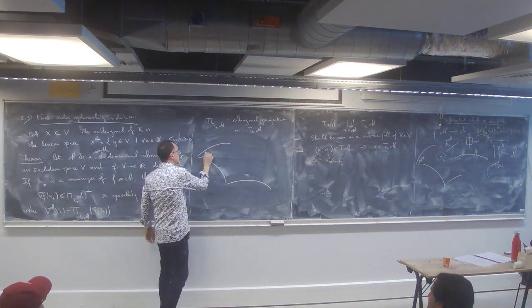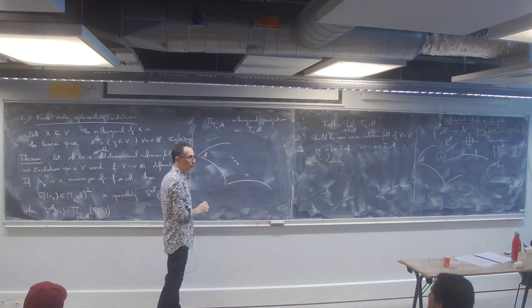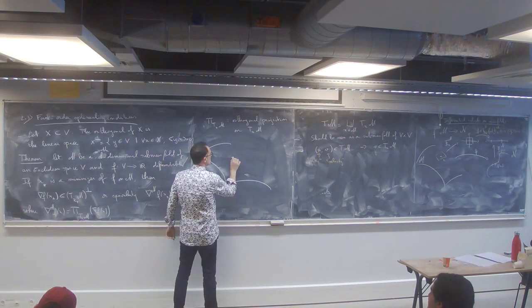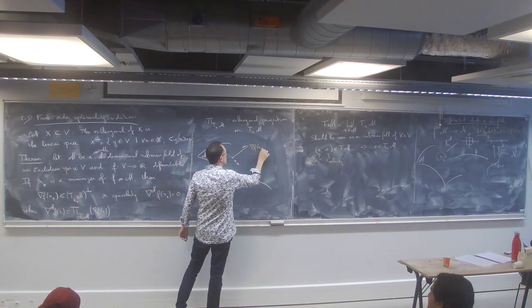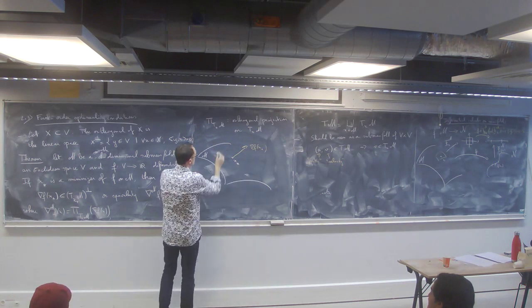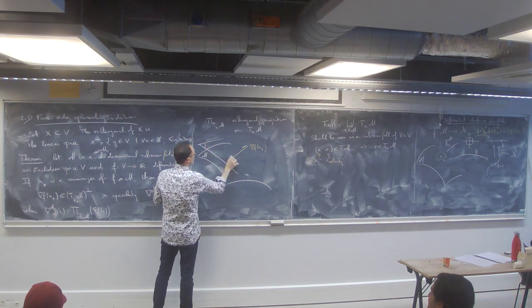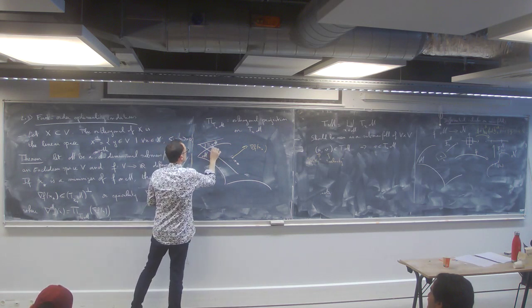You have your manifold M. If you have a local minimum of f, then the gradient has to be orthogonal to the tangent plane at x star.